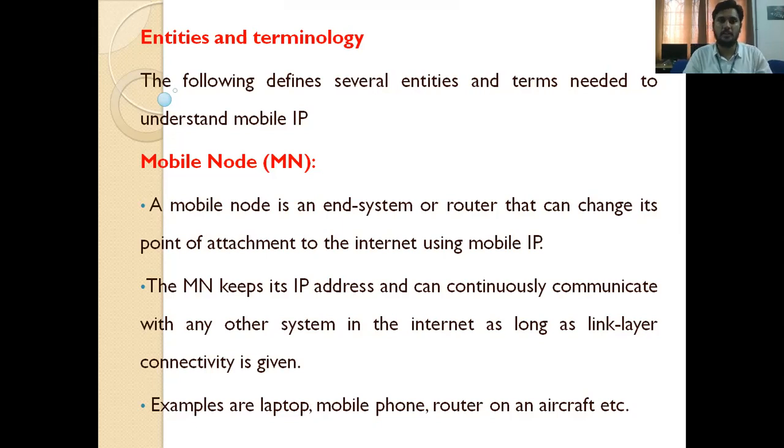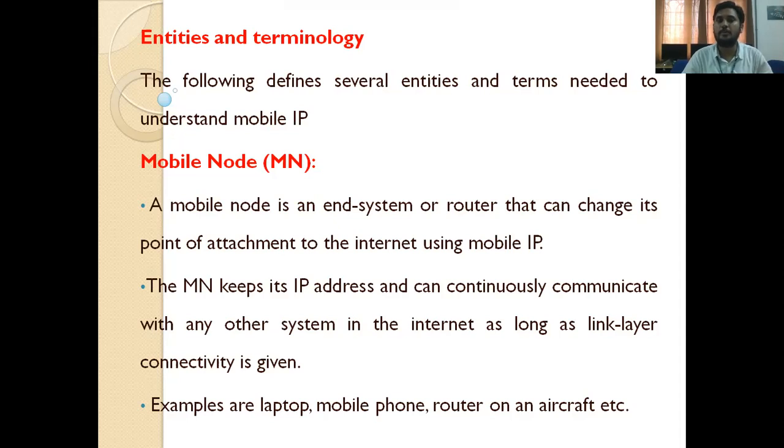First one is the mobile node. A mobile node is an end system or router that can change its point of attachment to the internet using mobile IP. MN means the destination.